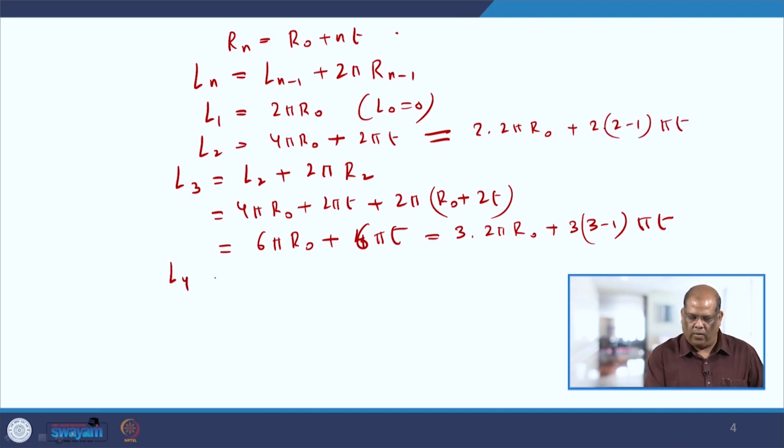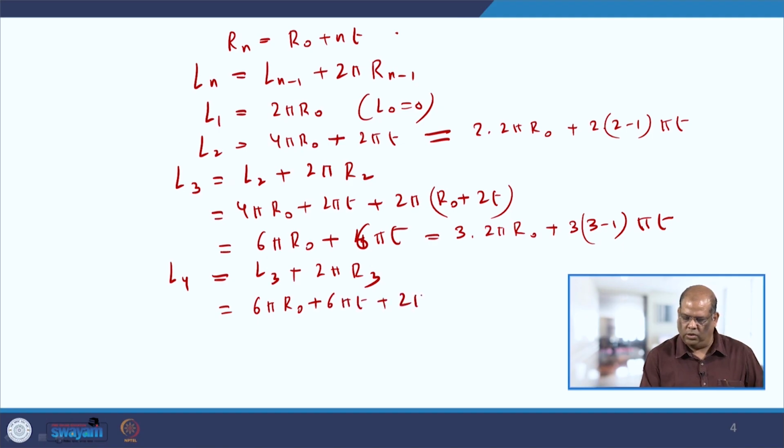Similarly, you will get your L4 is equal to L3 plus 2 pi R3. L3 is 6 pi R0 plus 6 pi t, plus 2 pi times R3, and R3 is equal to R0 plus 3t.